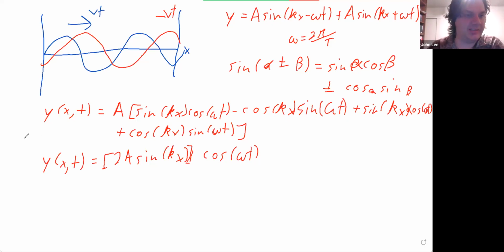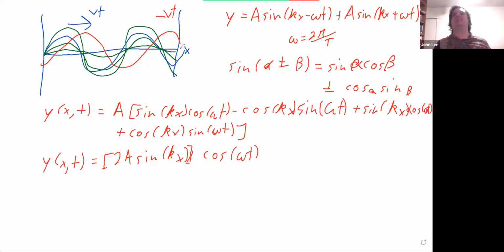So it's going to be something like this, where the amplitude changes, but the position doesn't. Forgive me for this getting a little complicated. The amplitude changes, so it goes up and down, but it's still in the same position. So when you see a guitar string, that's what you're seeing. You're seeing a standing wave, which is what these are called.